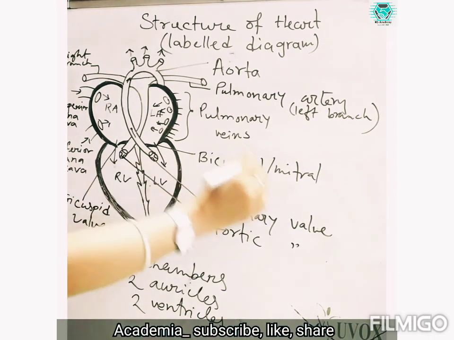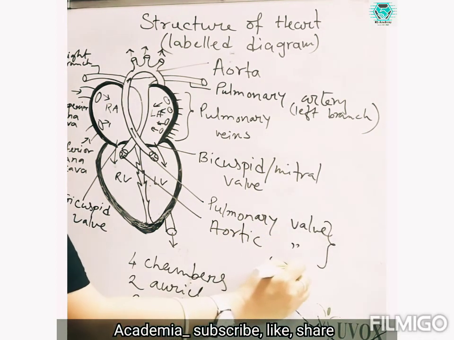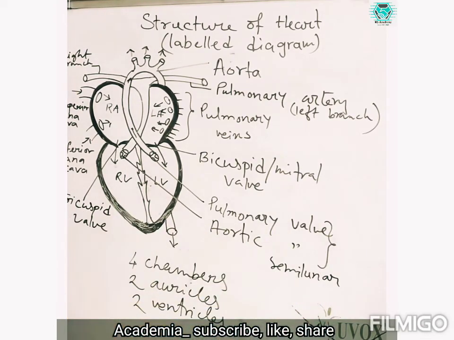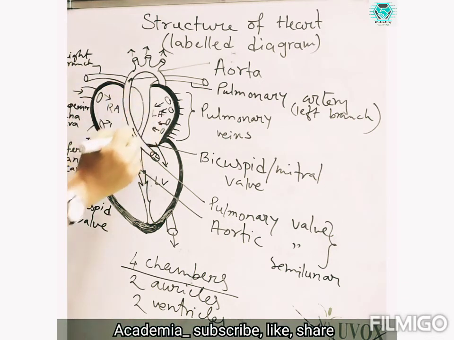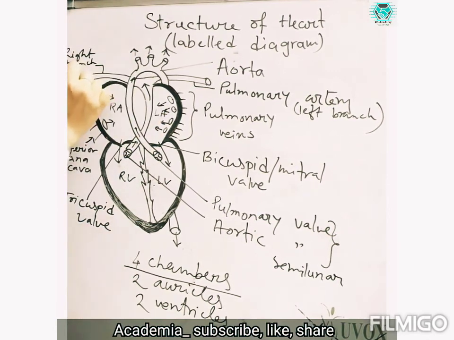Both valves together are known as semilunar valves. These semilunar valves are present at the base of the pulmonary artery and aorta, and they help in the flow of blood and restrict the backflow of the blood.